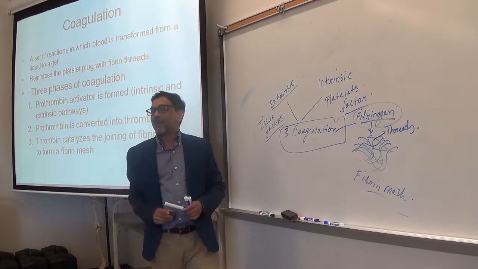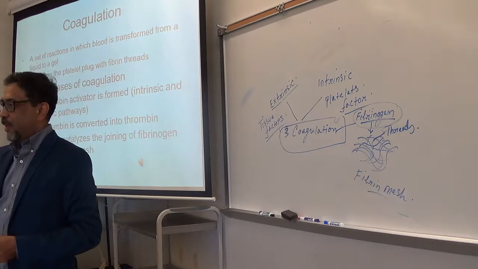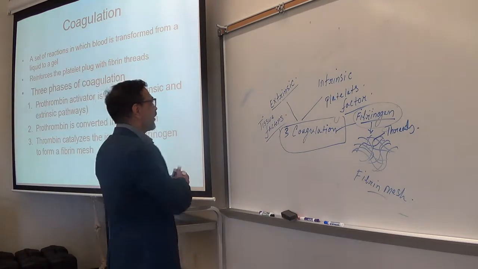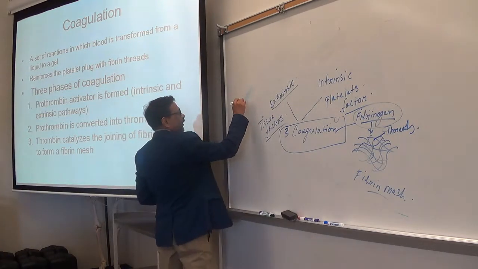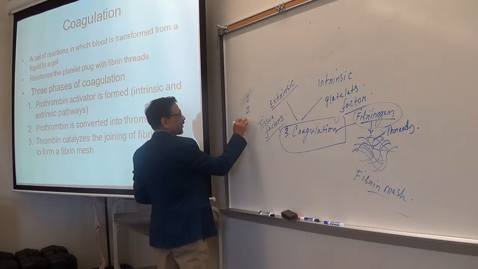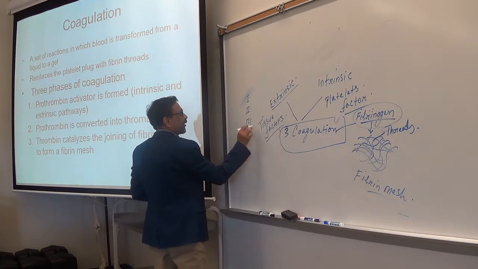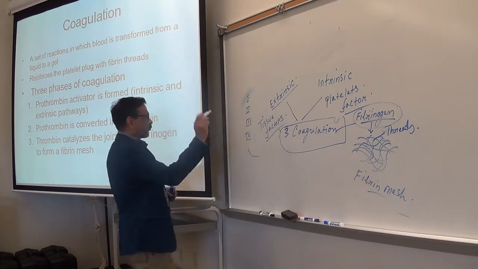Among those 13 coagulation factors, we indicate the factors by Roman numerals, like this: coagulation factor 1, 2, 3, 4, up to 13.